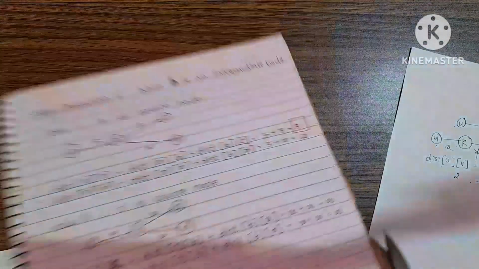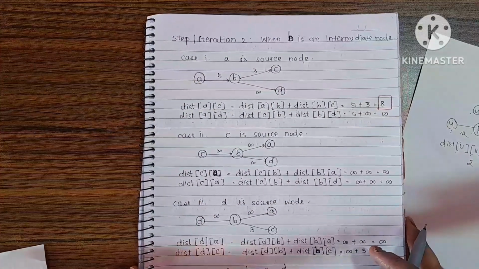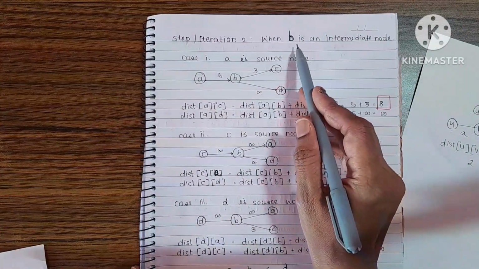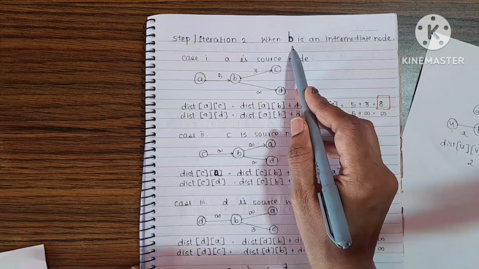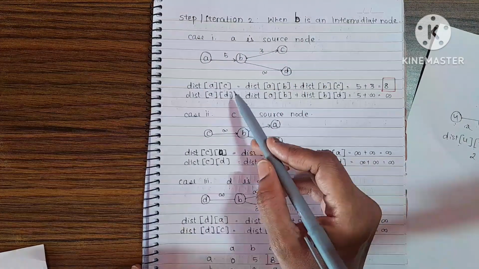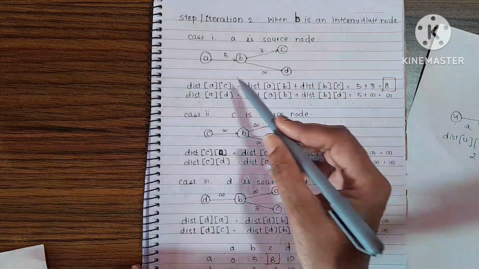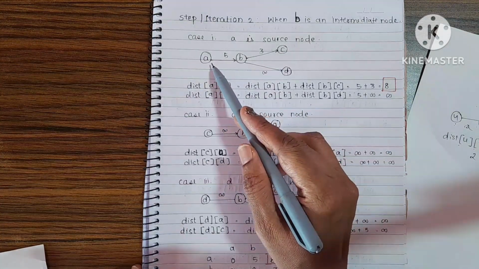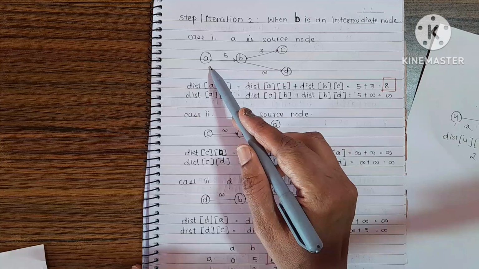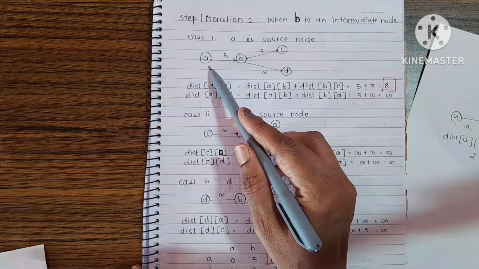Now coming to the second iteration, where we are going to treat B as the intermediate node. As B is acting as the intermediate node, any node from the remaining could be selected as the source node.